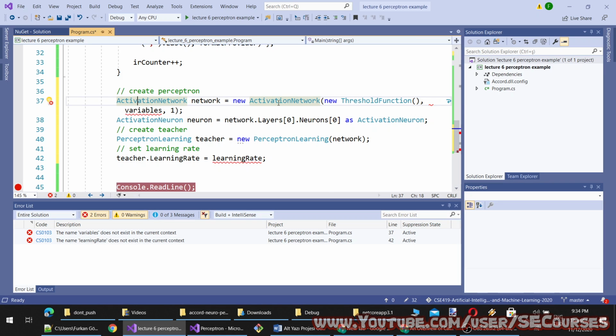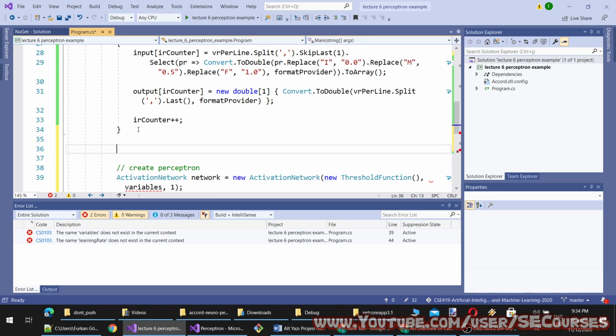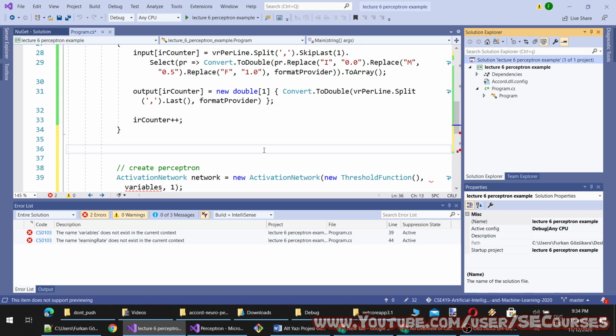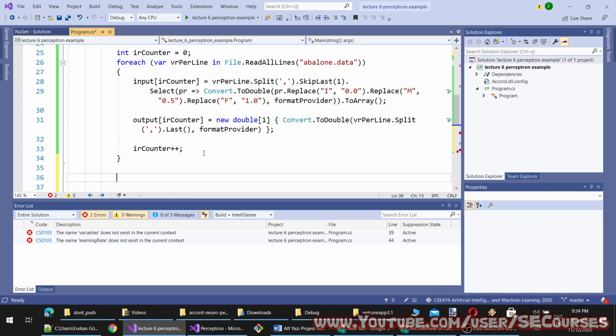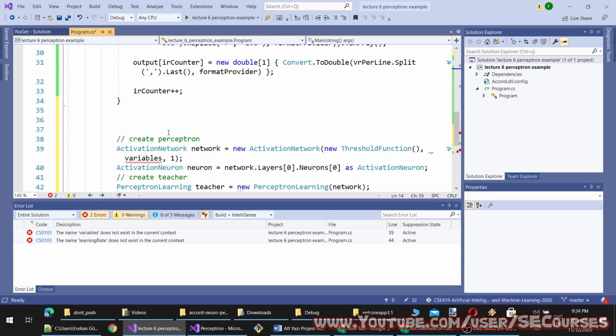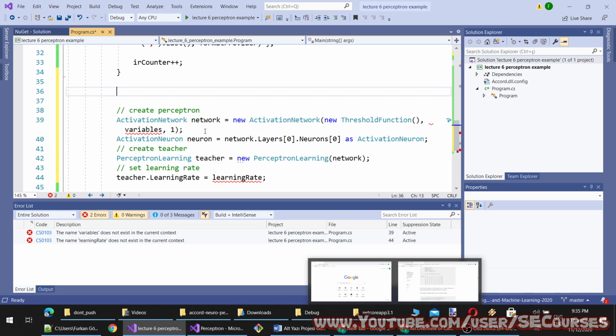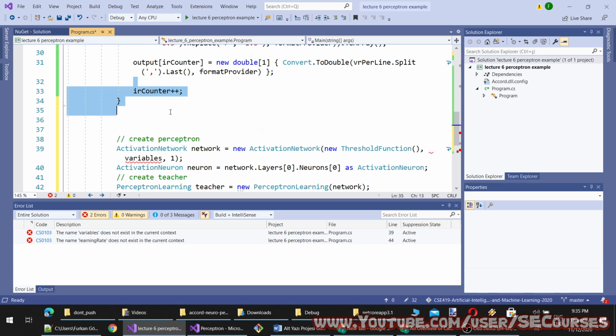How are we going to use our data? I will split my data into 10 folds. How am I going to do that? I can write an extension method to do it, or we can just write it here as well. So we know the number of examples we have, and let's split it.